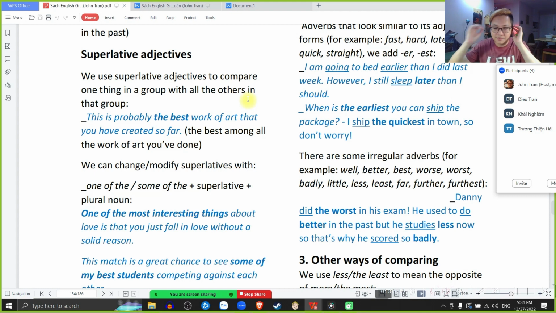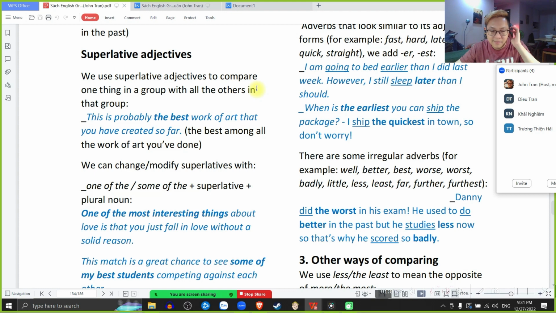We can modify a superlative with "one of the" or "some of the" plus a plural noun. One of the most interesting things about love is that you just fall in love without a solid reason. Watch the intonation carefully.